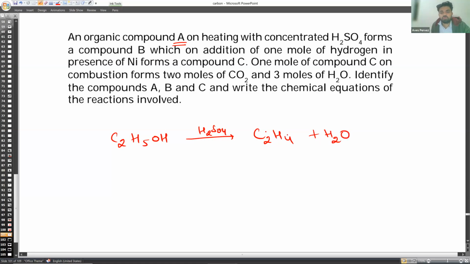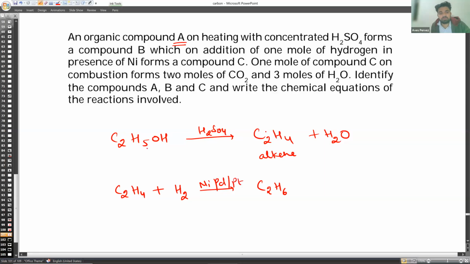This is a 2 carbon alkene, and when alkene, that is C2H4, is treated with 1 mole of hydrogen in the presence of nickel, palladium, or platinum, it will give you C2H6.